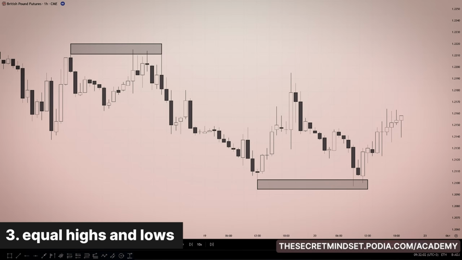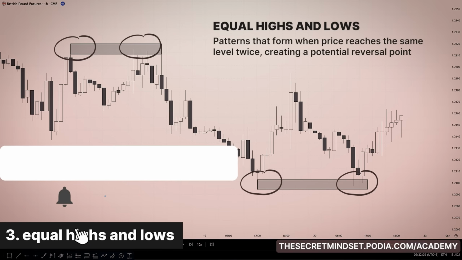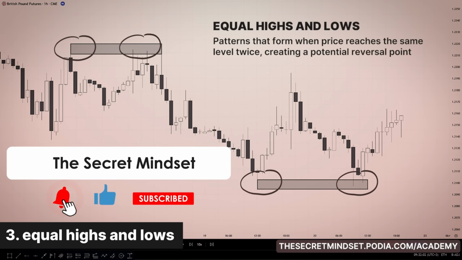Equal highs and lows, also known as double tops and double bottoms, are also exploited by smart money. These patterns form when price reaches the same level twice, creating a potential reversal point. Traders often see these patterns and place their trades accordingly.